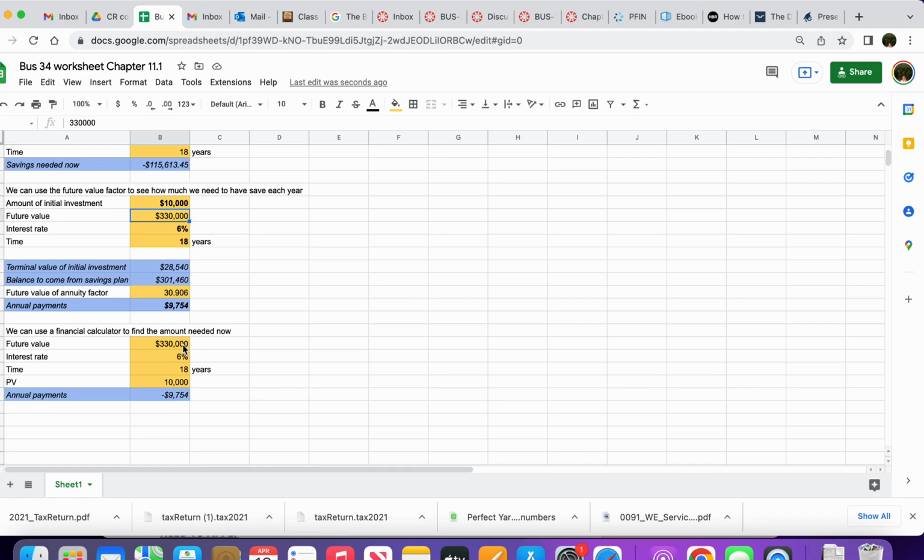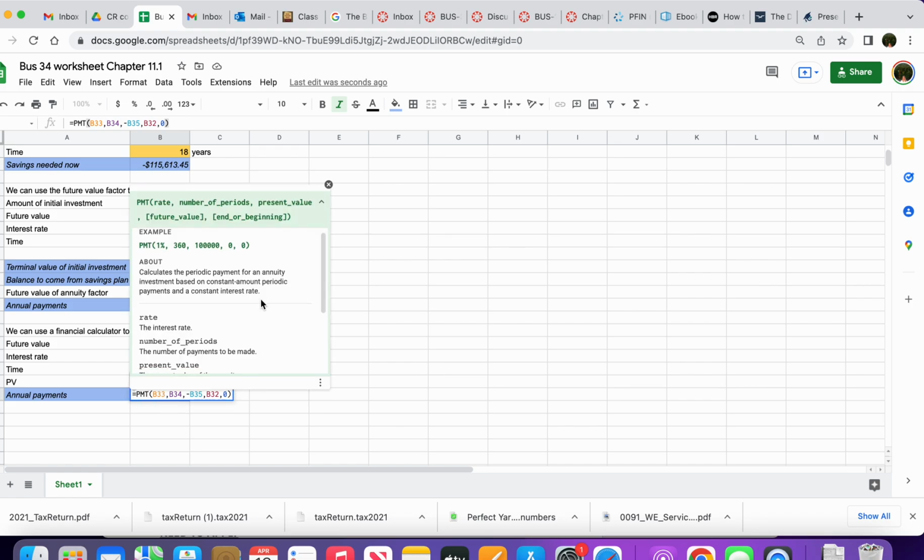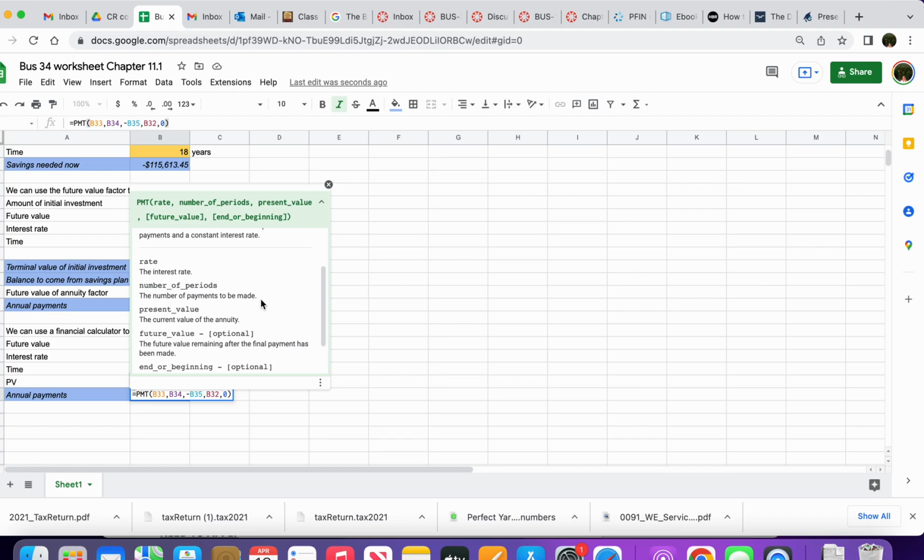The second way of doing this annuity calculation would be to use a financial calculator or an Excel function. I went in and found the appropriate function, which is the payment function. The payment function tells me what payment I need to make given all of the different inputs.